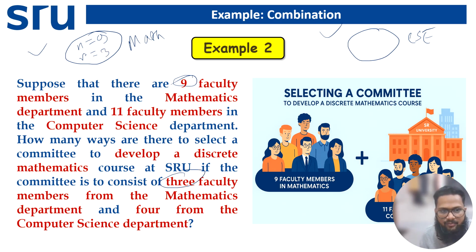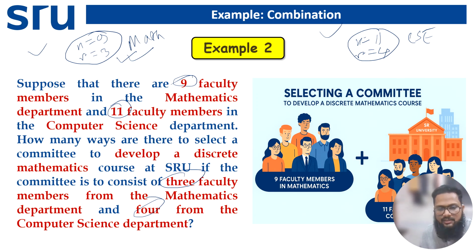You have to do the combination for this case differently. Don't mix it with the second case. In a similar way, you have a different set of faculty, where n is 11 and r is 4. Here it is given. So completely these two different cases you have to do separately.